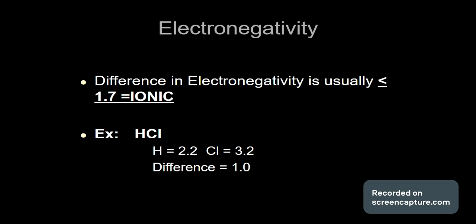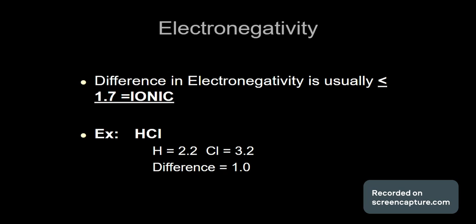Electronegativity deals with how aggressively one element can pull on another element, the attraction of one element towards another in a bonding to form a chemical bond. Differences in electronegativity that are usually greater than or equal to 1.7 are ionic. So HCl, for example, is polar.